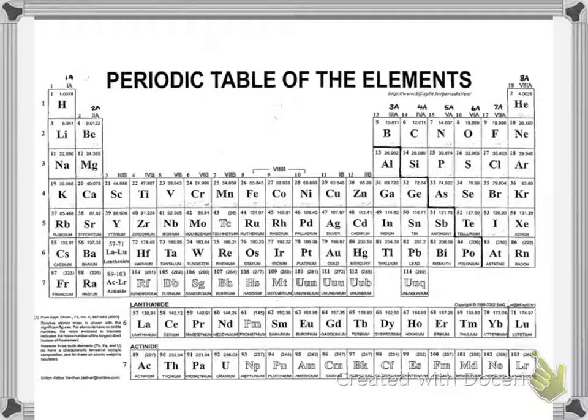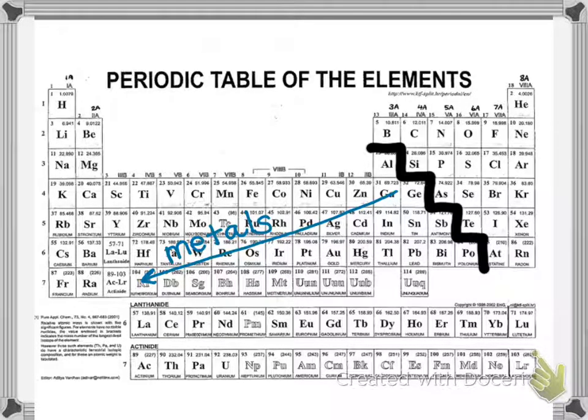So if you look on your periodic table, there is a heavy, what I call a stair-step line here. That's a very good dividing line between our metals and our nonmetals. Okay, so if we go on the periodic table, on the left-hand side, so this direction of the periodic table, these are metals. Now including, if you look here, do you see how it has kind of a range?